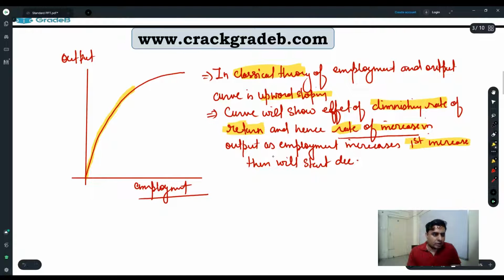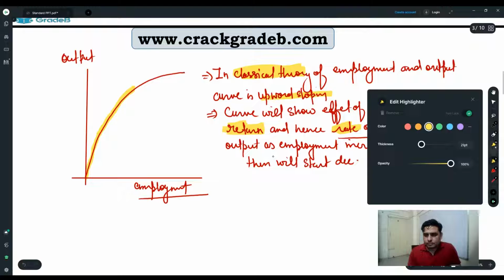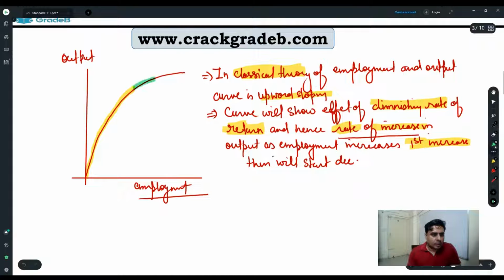So this is the phase of increasing rate of return. Then after this point, it is going to be a decreasing rate. So till here it is an increasing rate, then it is a decreasing rate. Okay, so this is the final point of the classical theory of employment and output.